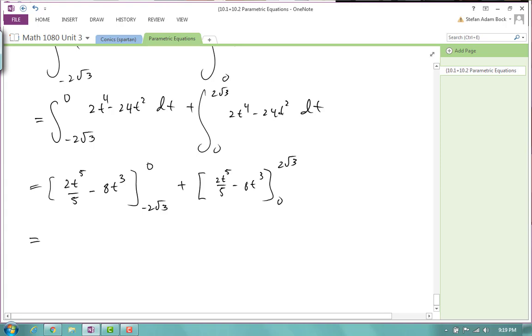Now, I'm going to save ourselves some trouble here. This is an odd function. So what I'm going to get is, I'll get minus, I'll call this big F of negative 2 root 3, because if I plug in 0, I get 0, plus big F of 2 root 3 minus 0. But since this is an odd function, I have odd powers here.